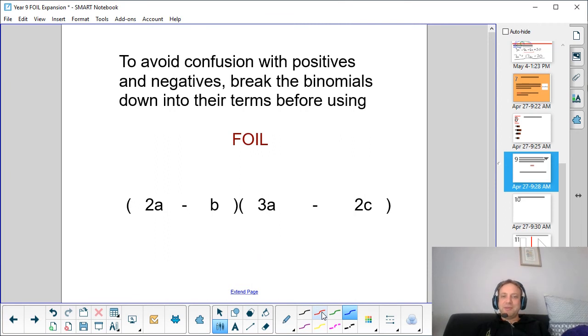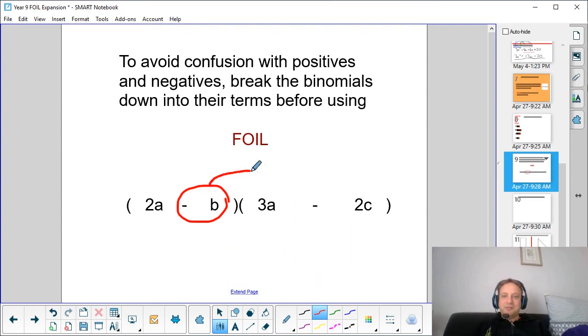The only thing that might mix people up is getting confused with positives and negatives. All right, so it's really probably good to think about your positives and negatives before you start. So if I've got a 2a minus b, then it's really important to identify that this is a negative. The 2a isn't, right? There's no minus out the front of it, but the b is a negative. So when it's multiplying its way in, it's going to be multiplying by a negative.